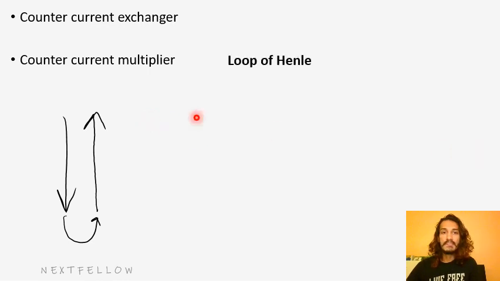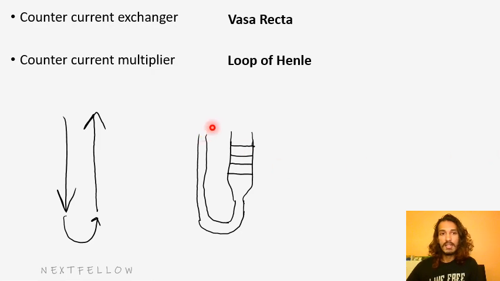Next thing you need to understand is that countercurrent multiplier is loop of Henle. Countercurrent exchanger is vasa recta. Why so is something you need to understand because you might get confused with the terms. So take a look at the loop of Henle. There's a thin descending limb, thin ascending part, and a thick ascending part.